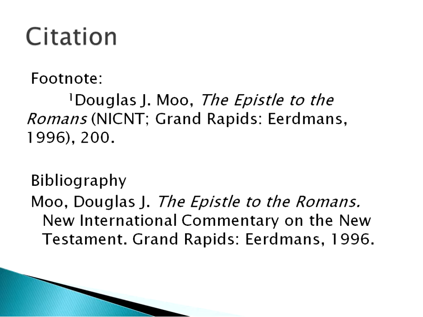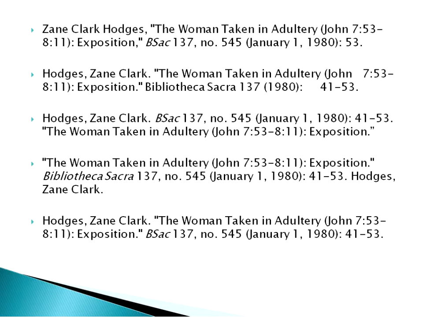Now, this time, I'm going to give you a sample of journal citations for the same article. I want you to tell me which one is correct. All right, so we have this article by Zane Hodges on the woman taken in adultery. I am looking for, okay, they're not quite right, but bear with me on this.